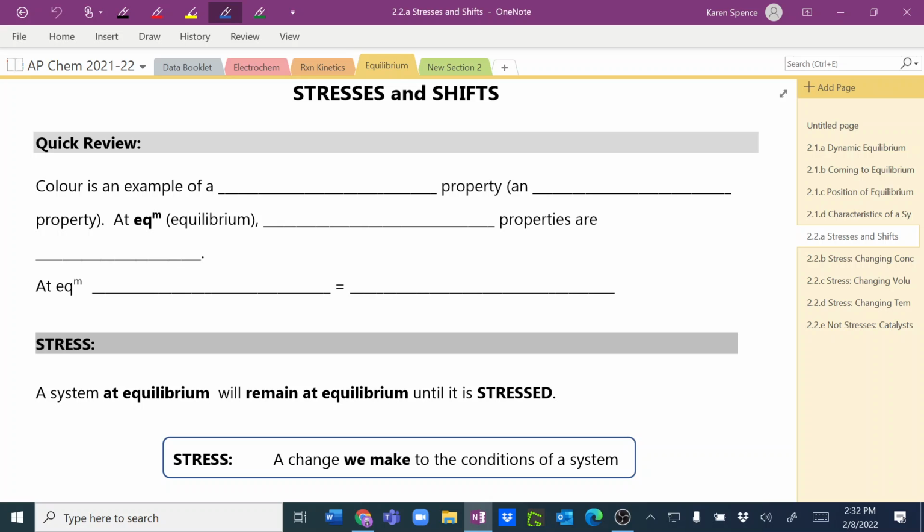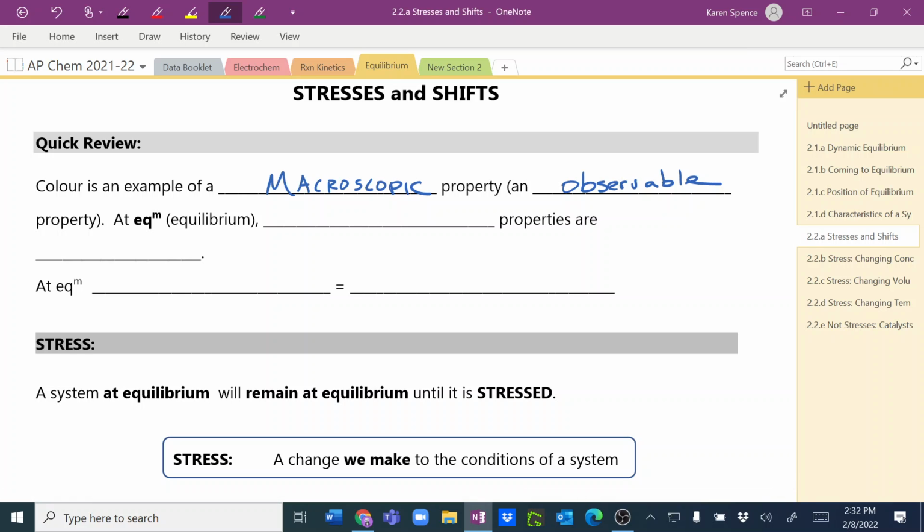Color is an example of a what kind of property? Macroscopic. Technically, maybe we would do this the next day, so you would remind yourself, but that's okay. We're reminding ourselves right now. And what kind of property? Observable. And don't forget my abbreviation for equilibrium is EQ with the little m at the top.